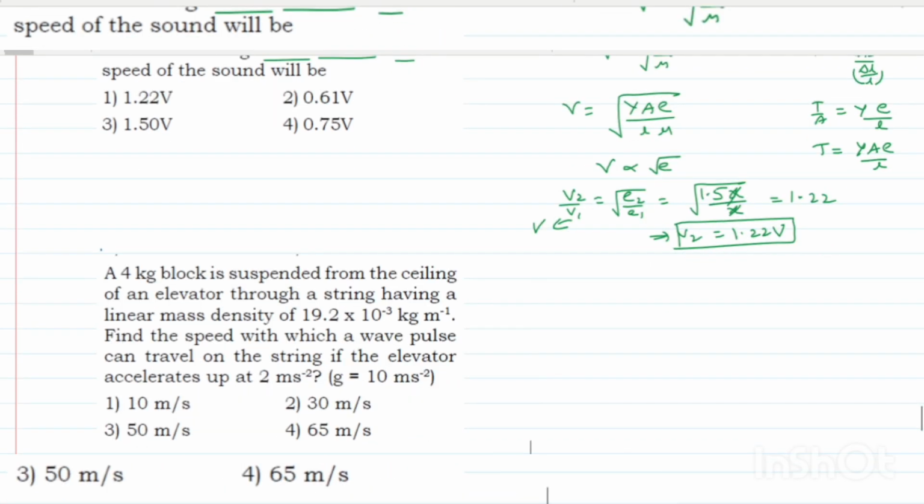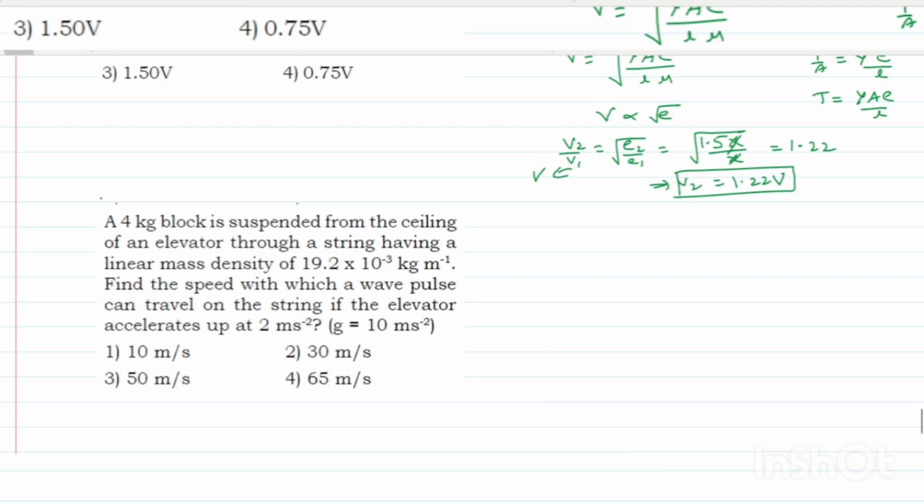Let us see the next question. The next question says a 4 kg block is suspended from the ceiling of an elevator through a string having a linear mass density mu given as 19.2 into 10 power minus 3 kg per meter, and the mass is given as 4 kg.